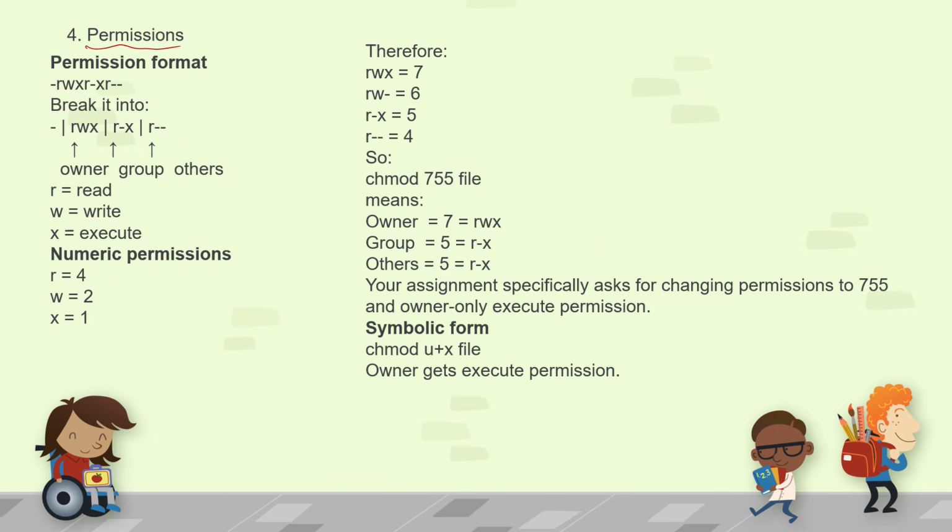Next is your permissions. In permissions, we see a format like this, but this is confusing to understand. So let's break it into -rwx, r-x, and r--, which is r dash dash. So r means read, w means write, and x means execute.